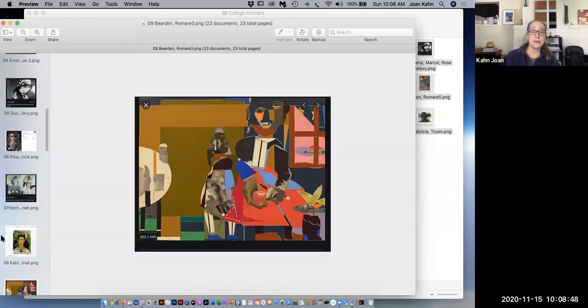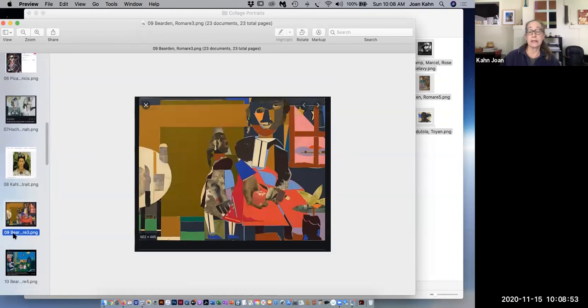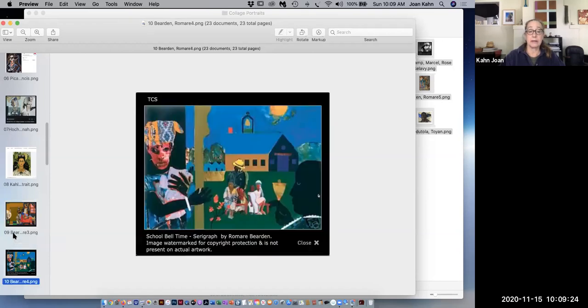This is an artist who used a lot of collage, meaning he pieced together elements, photography, geometric elements, which you could do in Adobe Illustrator, painting in his work. This is Romare Bearden. I have several Romare Beardens. He was an African-American artist also, and so he often put in some pictures of his African ancestry.